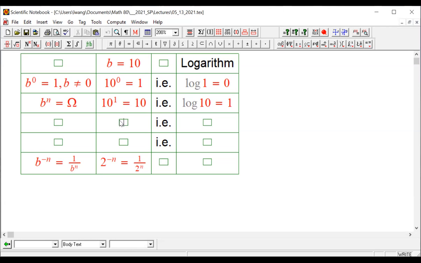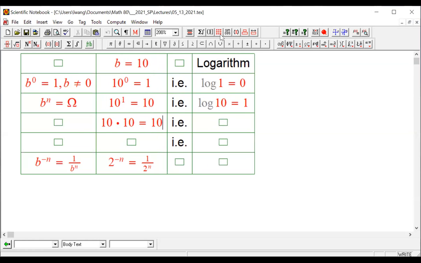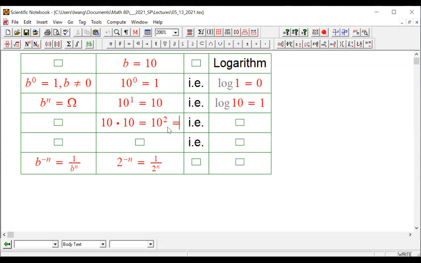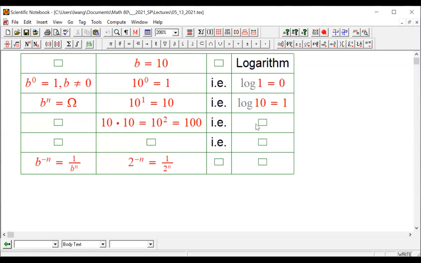How about 10 times 10? 10 times 10, we know it's 10 squared, right? 10 squared is what? It's 100, right? 10 squared is 100.